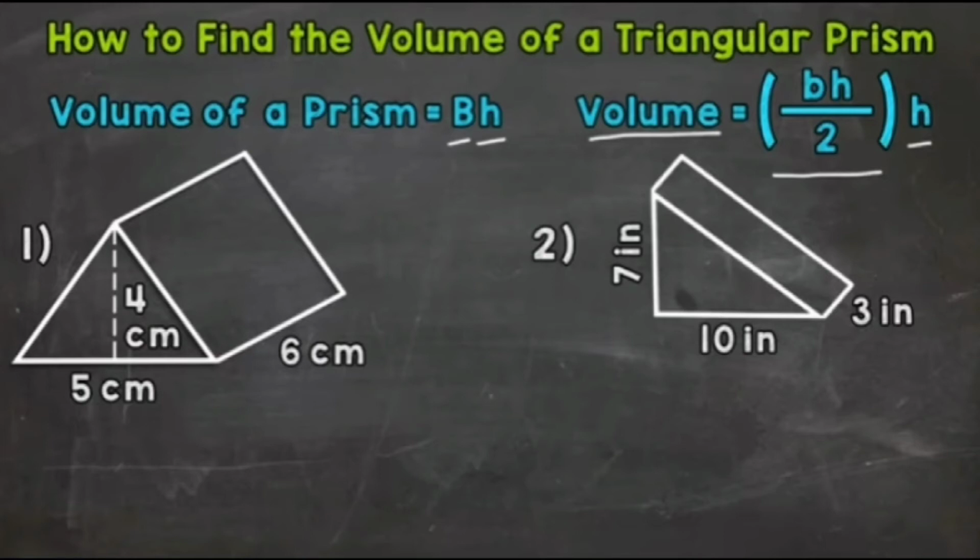Congruent means same exact size and shape. That is why we call this a triangular prism, because our bases are triangles. Now the height is going to be the distance between those bases. It isn't necessarily going to be vertical or up and down. Again, it is defined by the distance between those bases.